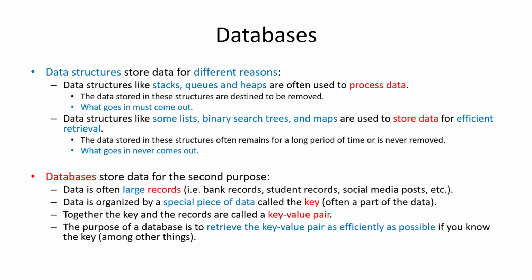Say I want to search a list for your student record, and maybe your student record is identified by your name, but in a second we'll see it's more likely identified by your ID number. But say if I had a big list, an array of records where in each chunk of memory I have a full student record, a very large piece of information, then I would have to search that record for your name and see if it's the one I'm looking for.